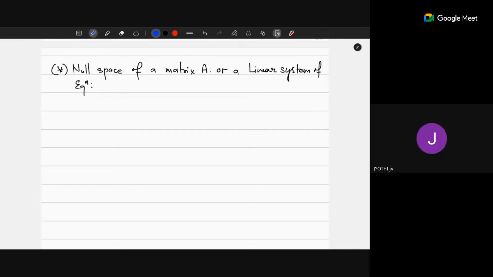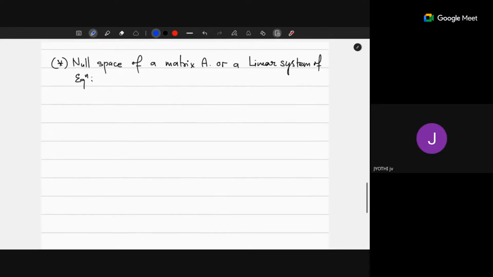So we have seen that a given linear system of equations can be realized as a matrix.